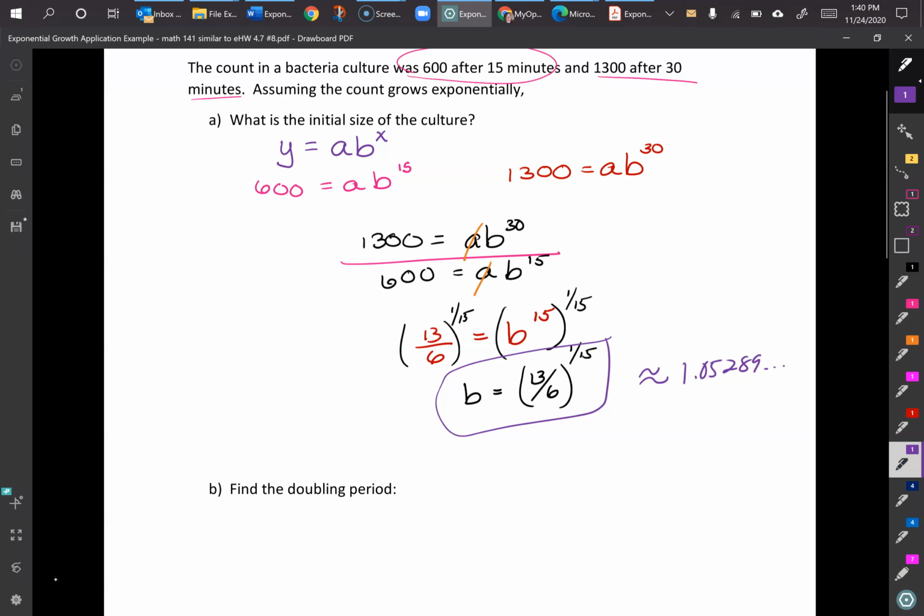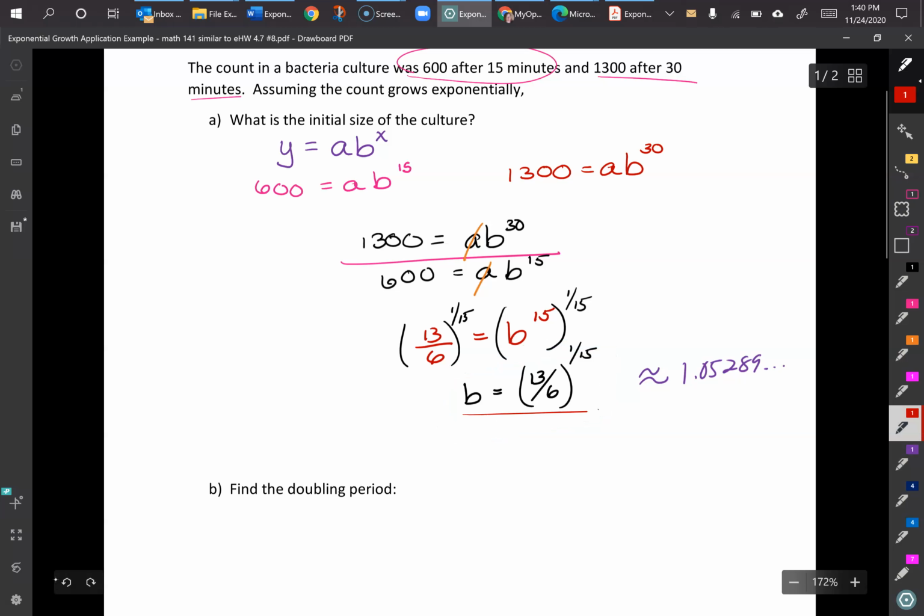So that is our base, but what the question's asking is, what is A? What's our initial culture? So maybe we'll just write this as a preliminary here. Now I need to figure out A, and so I just need to go back up to one or the other of these equations. Maybe I'll pick this one and plug in my base and figure out my initial culture.